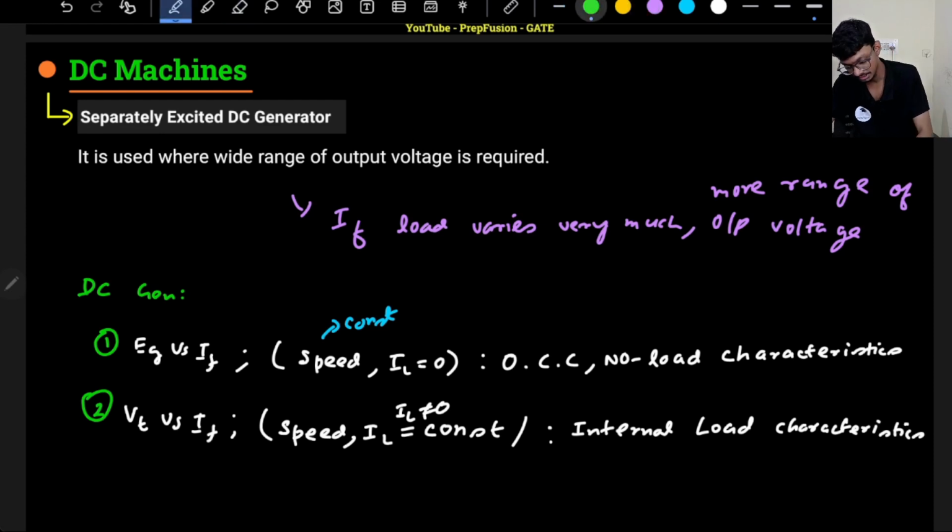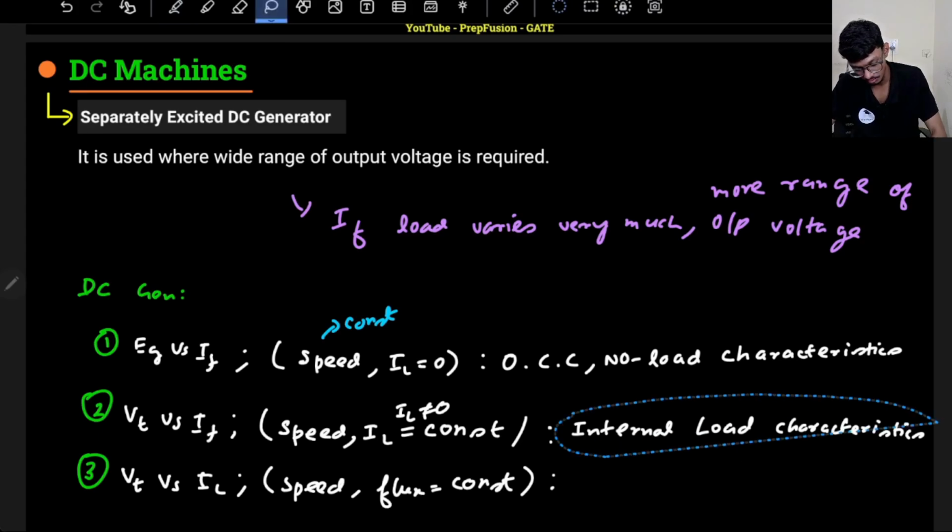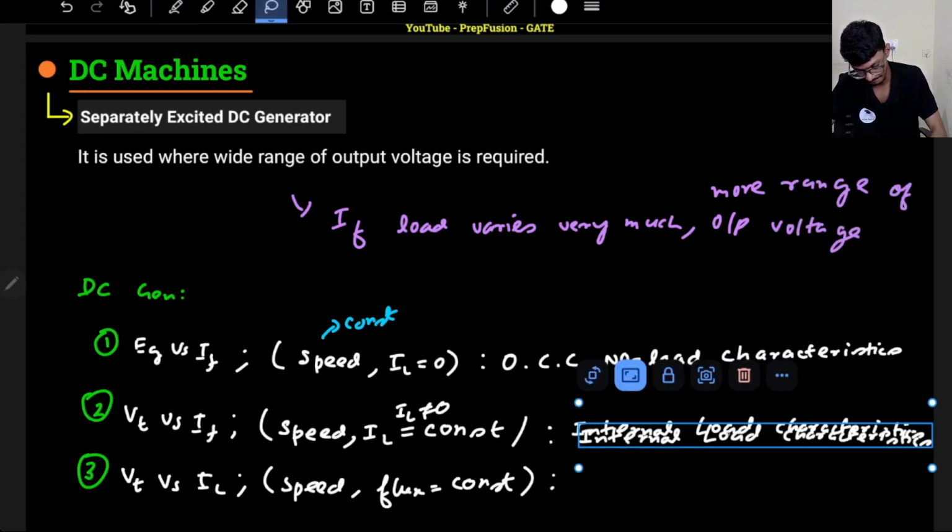Next up is the external load characteristic, that is the Vt versus IL. If I vary my IL now, my speed will be constant and my flux also will be constant, that is the field current also will be constant. So this is known as the external load characteristics.